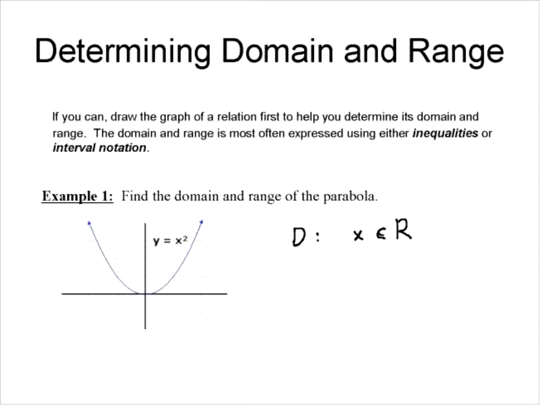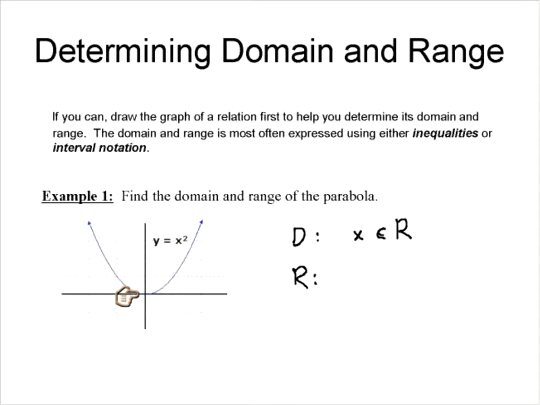What about the range? Well, the first thing we can check and see, is every y value allowed? Well, of course not, because if I picked y equals -1 down here, I'm not on the graph. So this is where we're trying to work with the minimum or the maximum value. So right down here at the vertex of this parabola, that is the minimum. This is the smallest value that your graph will show.